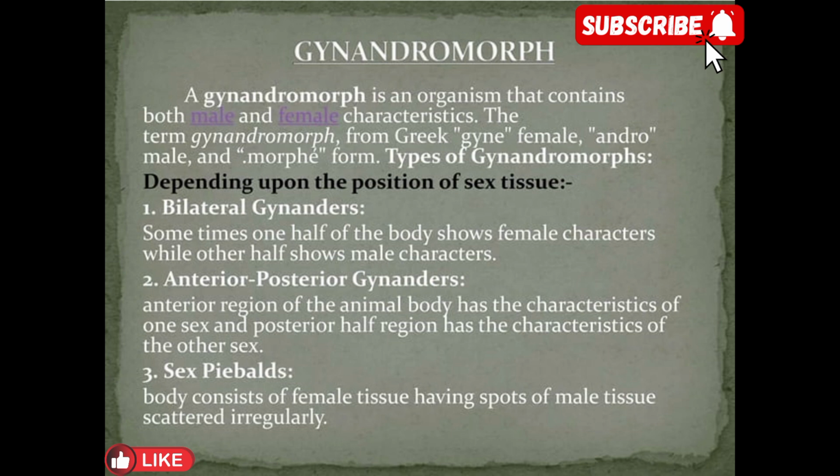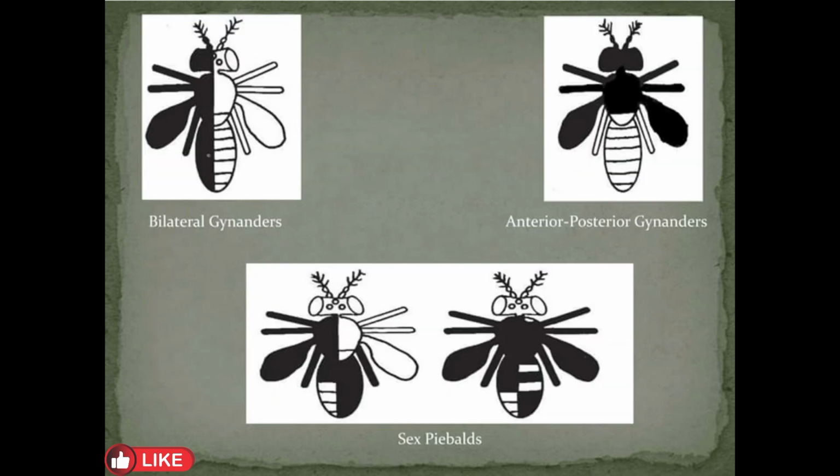Anterior-posterior: the anterior has one sex and the posterior has the other sex. Sex piebalds: the body consists of female tissue having spots of male tissue scattered irregularly. You can see here that this is known as bilateral gynanders, this is known as anterior-posterior gynanders, and these are known as sex piebalds.